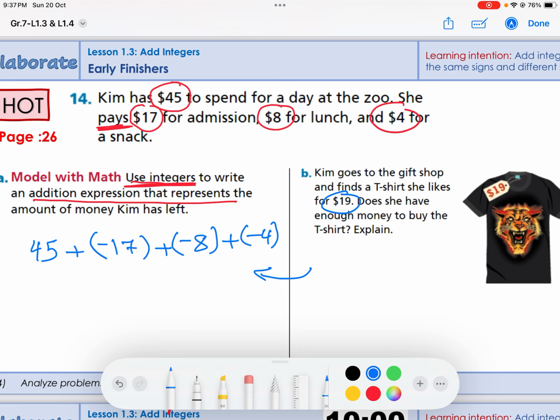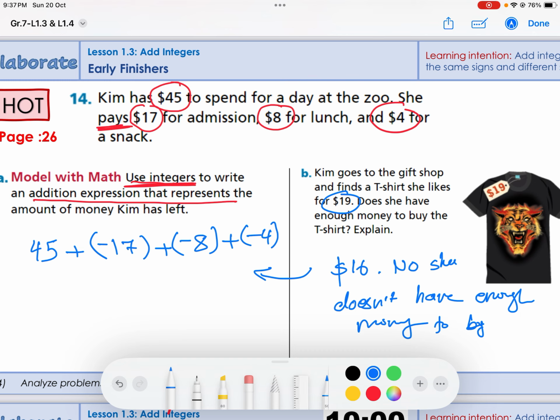After you find the total, you add all of these and then subtract it from 45. She's going to end up with, I guess, $16. So does she have enough money to pay for it? No, she doesn't have enough money to buy the t-shirt.